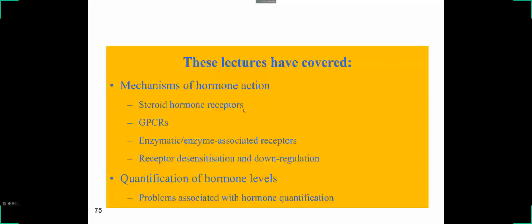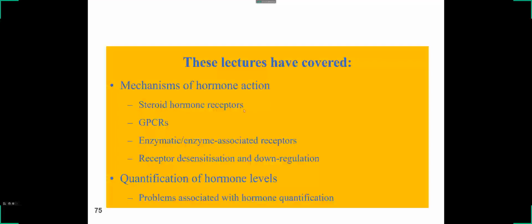With GPCRs, the initial response is faster, but eventually their gene transcription and translation is slower. For enzyme-associated receptors, the phosphorylation is that dimerization event. And then there's the receptor desensitization and downregulation that we talked about by arrestin.